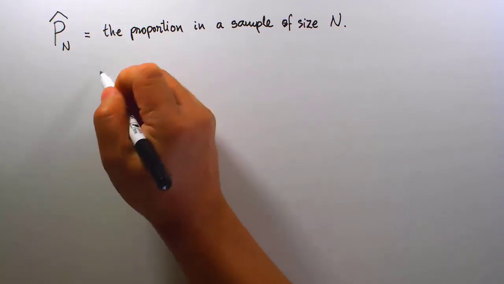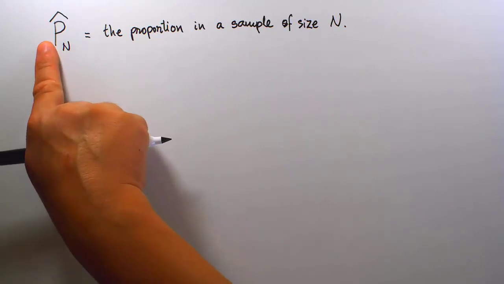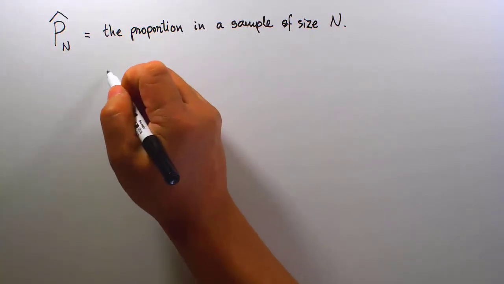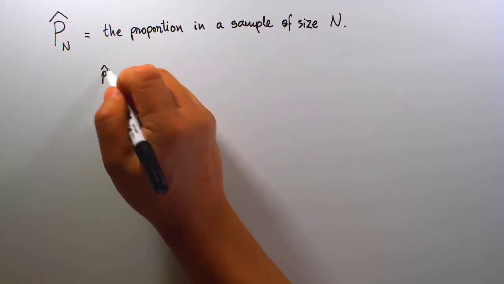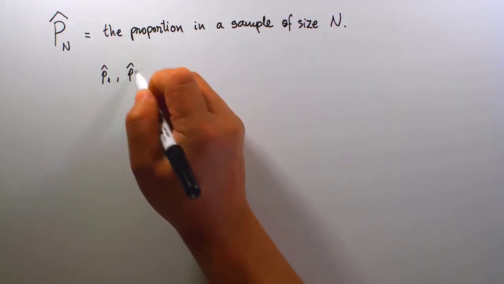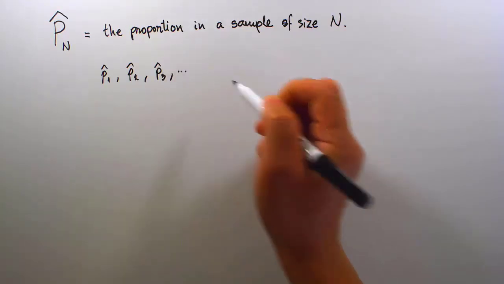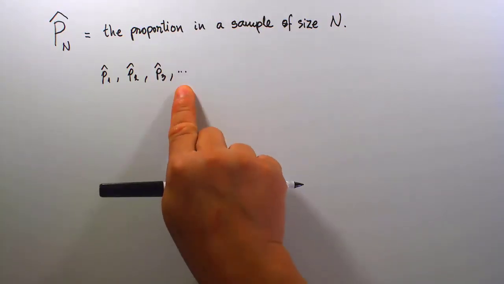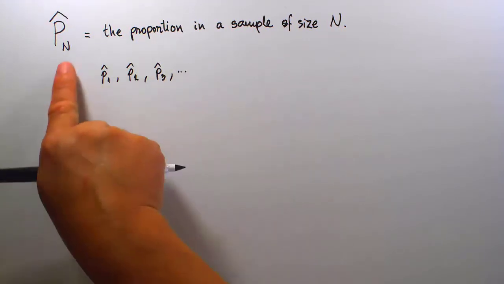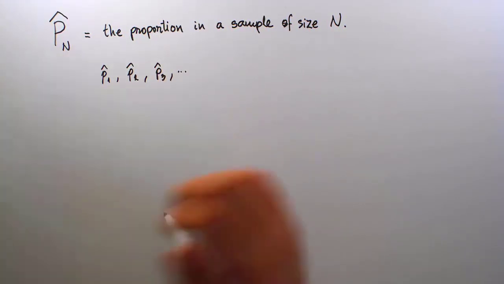So once this random variable is defined, there is an entire population of p hat 1 value, p hat 2 value, p hat 3 value, an entire population of p hat values. And here I'm using the general sample size.